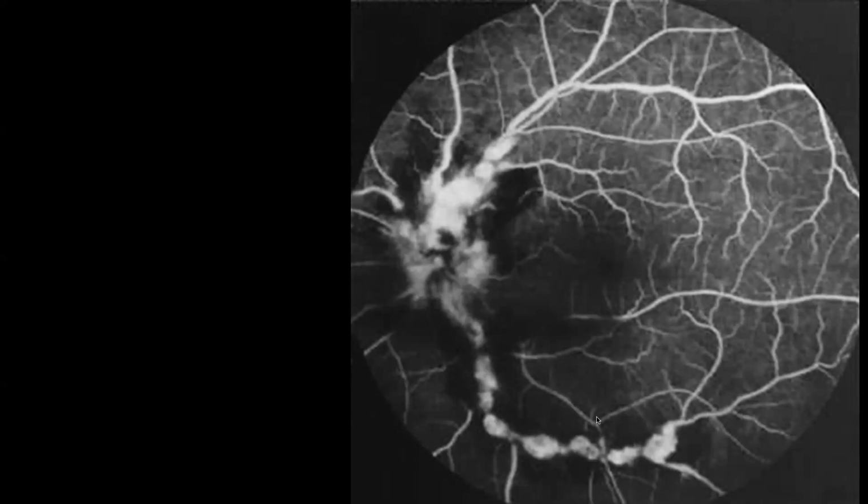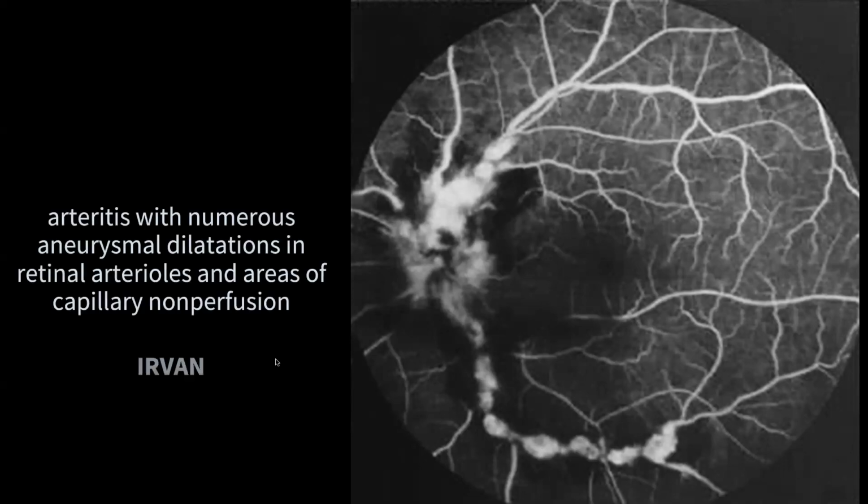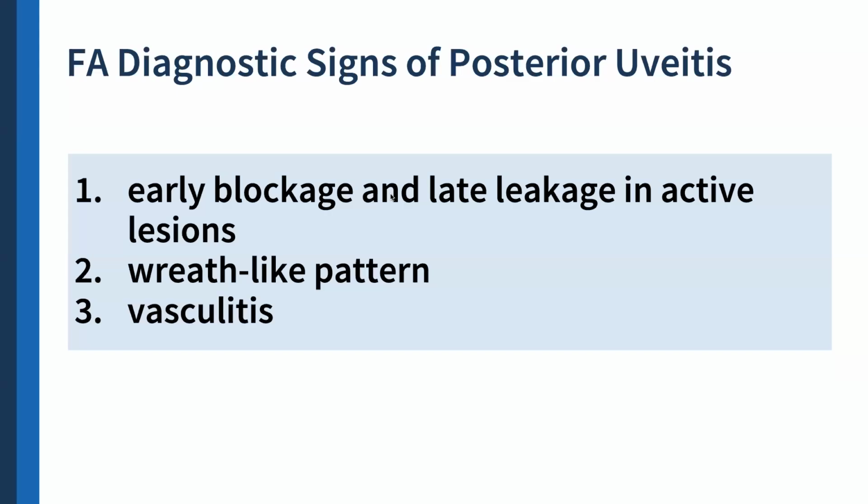The vein is relatively unaffected. The artery is very much affected with inflammation and arterial dilatations. So this is a case of IRVAN, idiopathic retinal vasculitis. Okay.